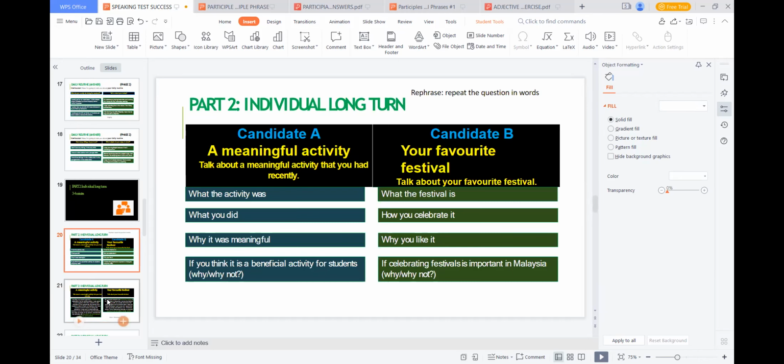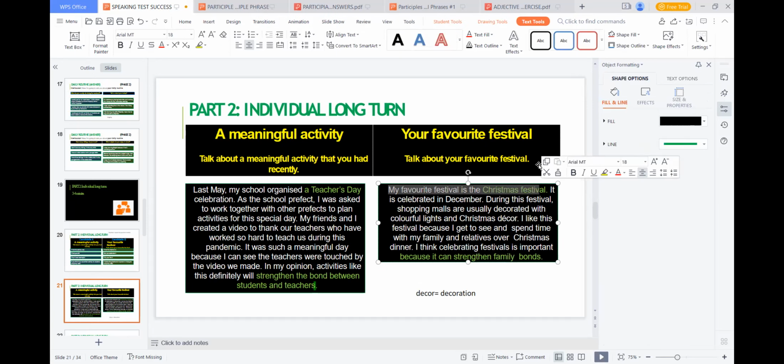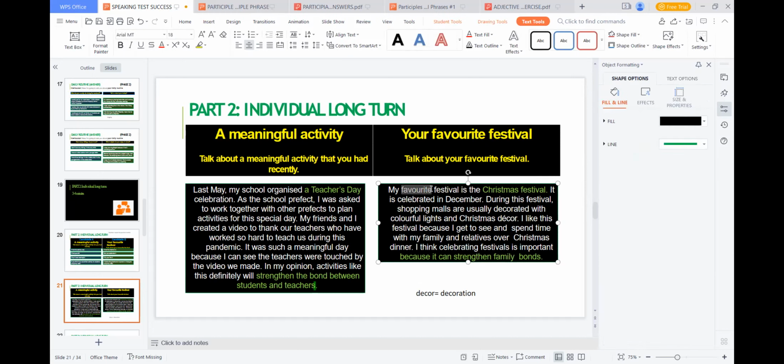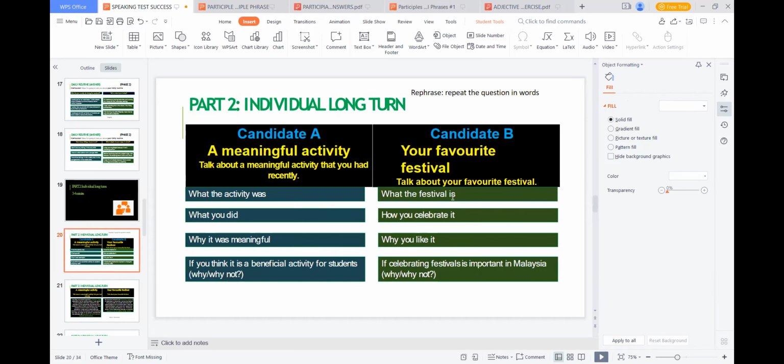What the festival is. Can you say the full sentence? My favorite festival is Christmas festival. Did you see the person add an adjective? He said, my favorite festival, so it's not just the festival.